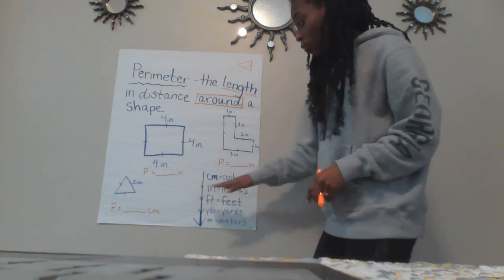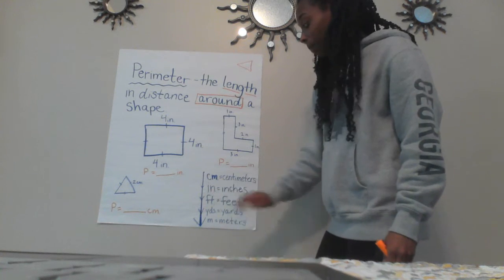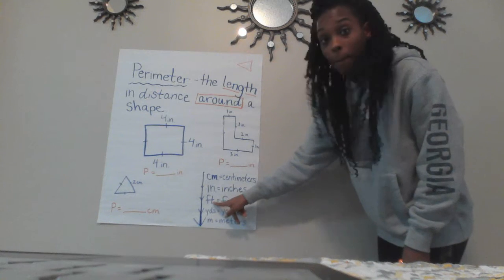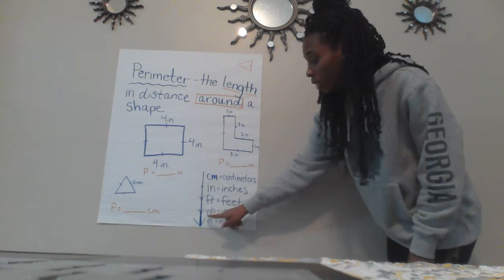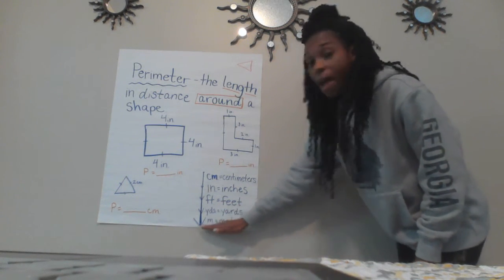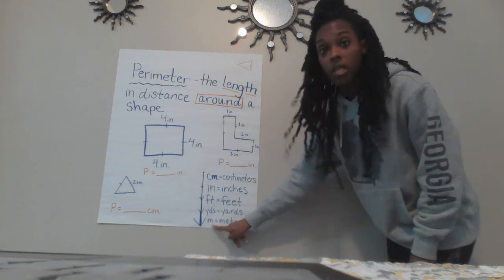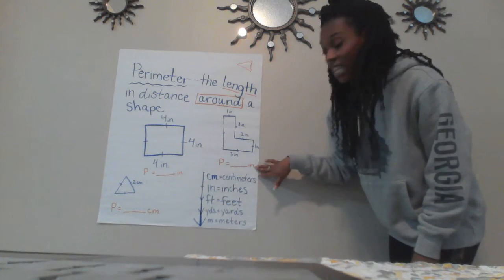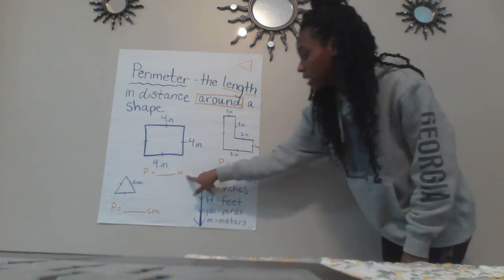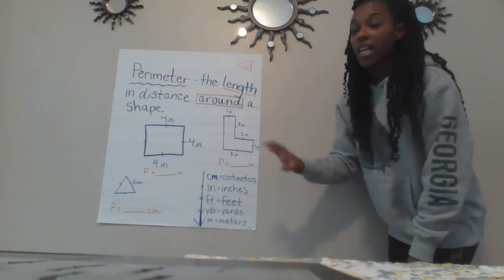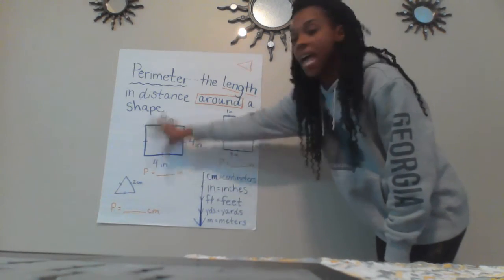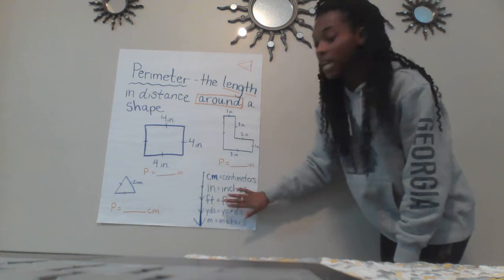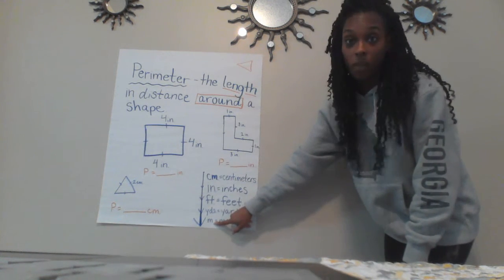You have inches, abbreviated in. You have feet, abbreviated ft. Then you have yards, which is yds. And then you have meters, which is m. So remember, when you're writing your answer, if it's not given, like I put it on all of these for you, make sure you're not just adding them up and putting a number, because that's an incomplete answer. You have to make sure that you're showing the unit of measurement.